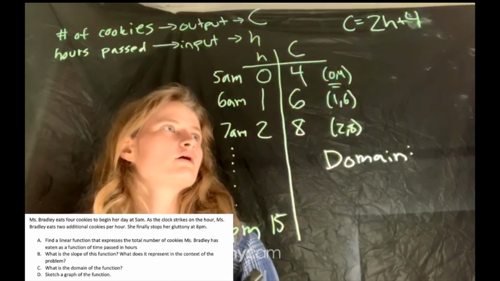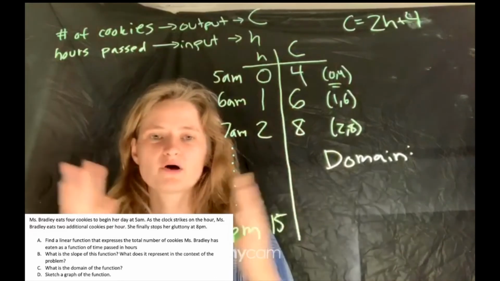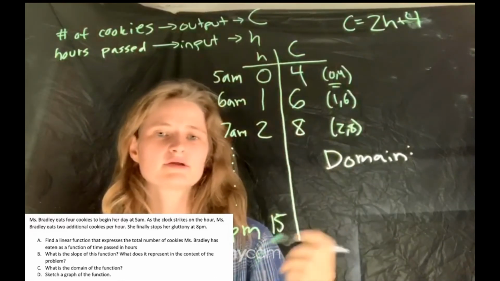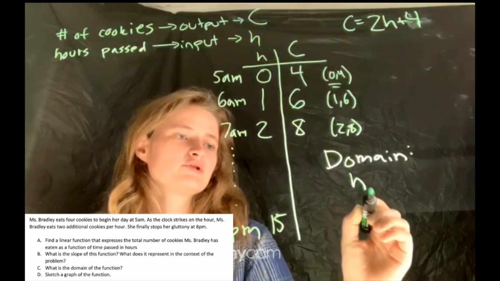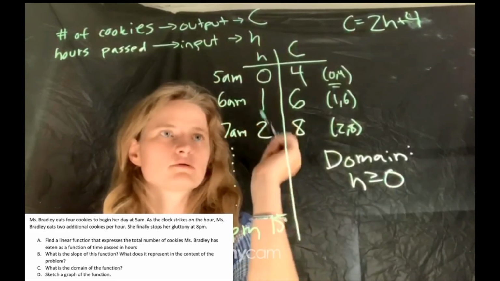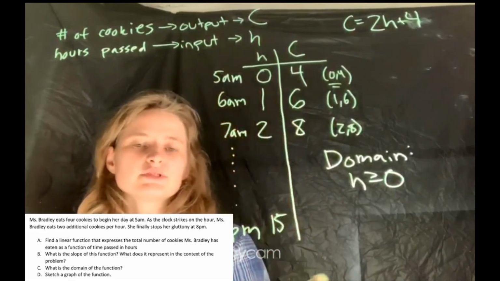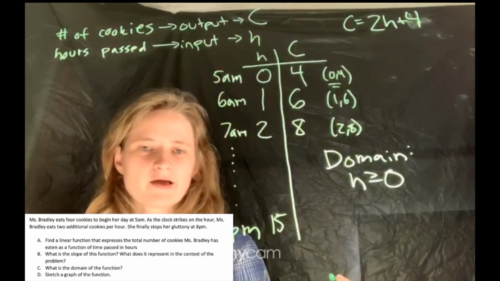So the domain of the function is concerned with the set of all possible inputs. So in our case, we're talking about hours passed. And we know that h has to be greater than or equal to 0 because that's when our problem starts. If h was less than 0, that wouldn't really make sense. You can't really have -1 hours passed.